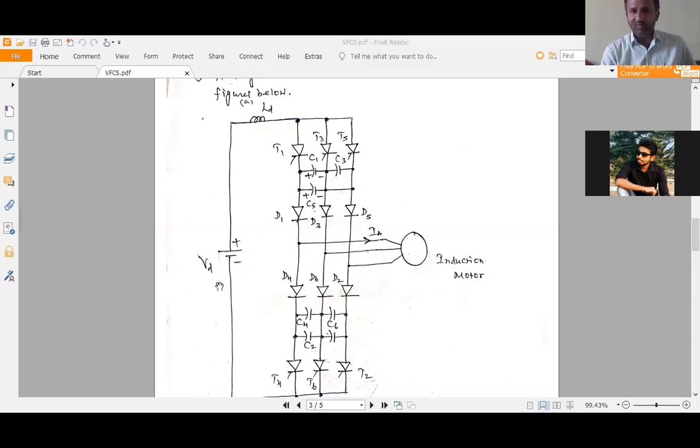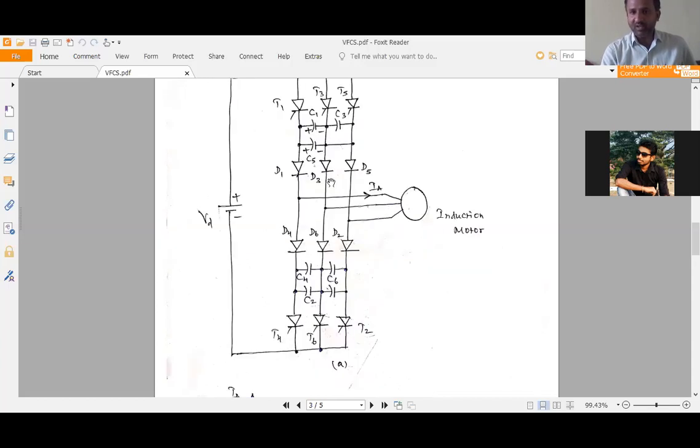Here VD is the supply voltage, and LD is connected in the DC link. Six thyristors, six diodes and six capacitors are used to construct the current source inverter, whose output, the current source IA, is given to the input of the induction motor for controlling the speed.